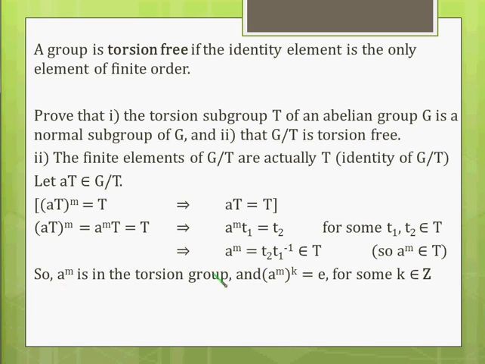So we can write a to the m to some power equals the identity. Since it's in our torsion group, we know it's finite, so we can write it like this.